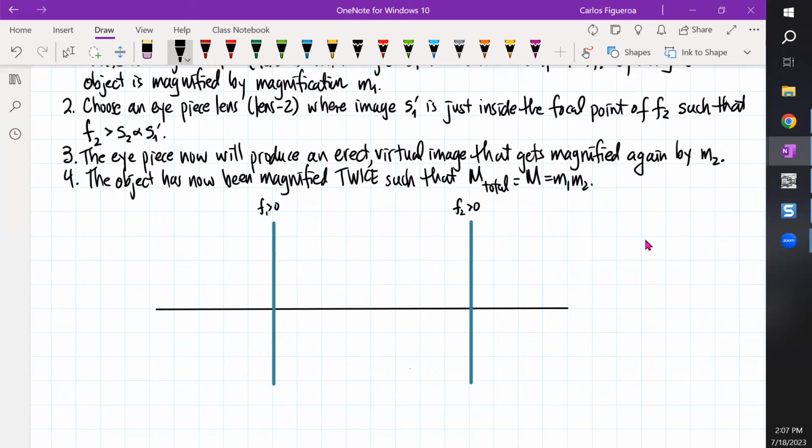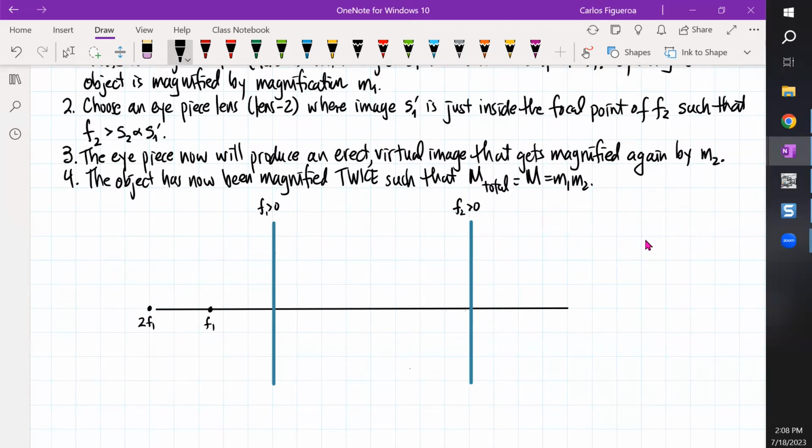Now what I'm going to choose here is focal points that do something like this. So the first focal point I'm going to pick to be right here. So the first one's going to be, let's say, 2.5. And then this guy's going to be right there. So this is 2F1, F1.